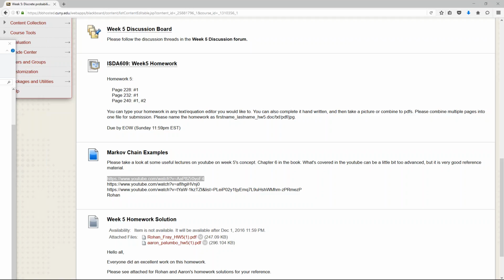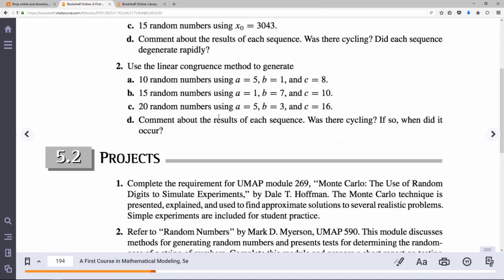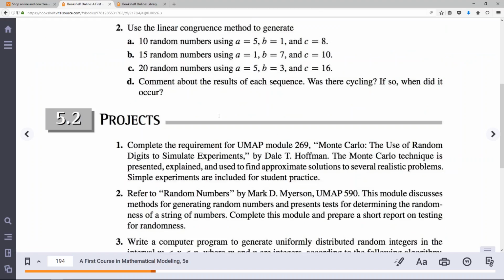Page 194. Hold on, give me some time. I can navigate to that page. Okay. 194. For which question? Question 1.